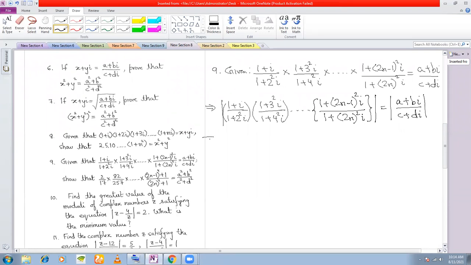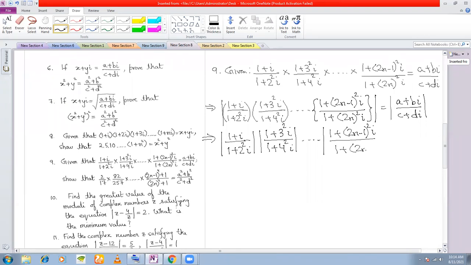Now we can take individual mods, the product of the moduli. And you can distribute this modulus over the numerator and the denominator.